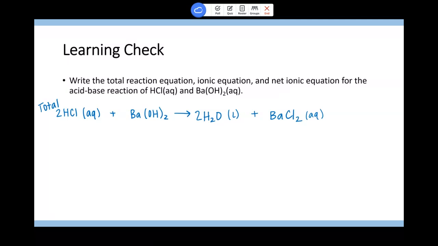Okay, so we have our balanced equation. Now we need to write the ionic equation where we separate everything into their ions. We have a coefficient of 2 in front of HCl. That means that for this balanced equation, if we separate that into ions, we have 2 H plus ions and 2 Cl minus ions.